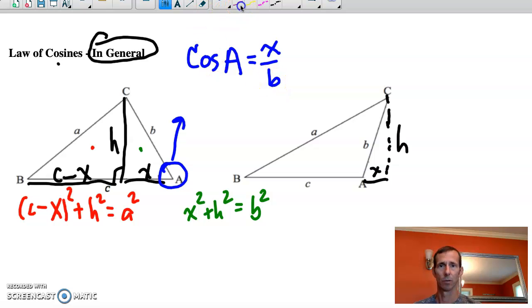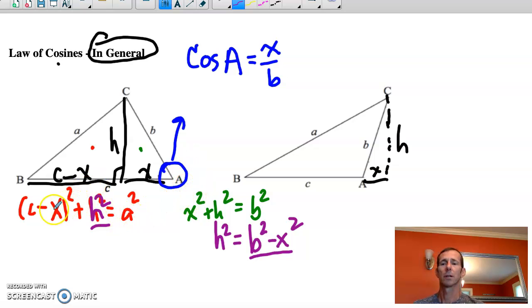So first, like I did a second ago in purple, if x squared plus h squared equals b squared, then h squared is b squared minus x squared. And now this is what h squared is equal to, so here is h squared. So I'm going to substitute b squared minus x squared right here. I'm going to do two things: expand the c minus x squared, and substitute the purple.